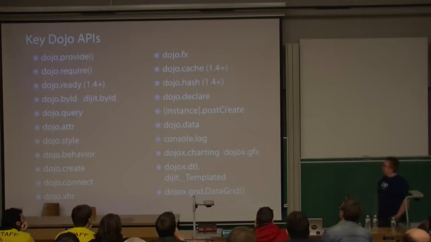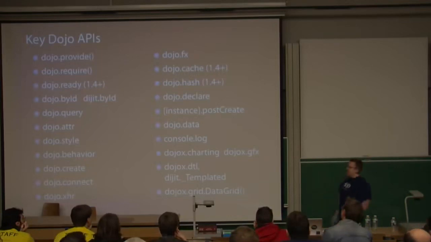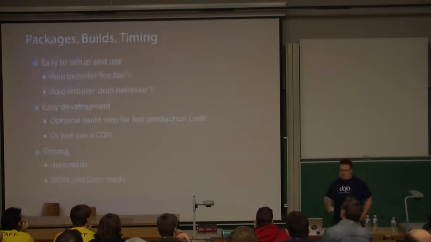Dojo.data, which I'll get into in a bit, is an advanced topic for application development. Charting, vector graphics, you may or may not care about that. DTL, that's the Django templating language, re-implemented on the client side, so you can use the same templates server side and client side. And of course, accessing the grid. The grid is by far the most popular widget, and it's not actually an official widget yet because it's so in demand and so under development still.